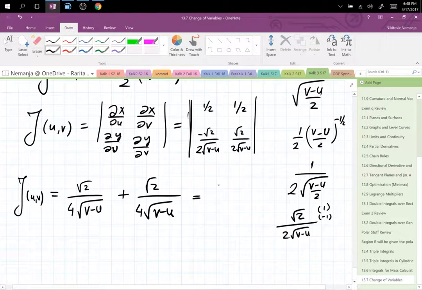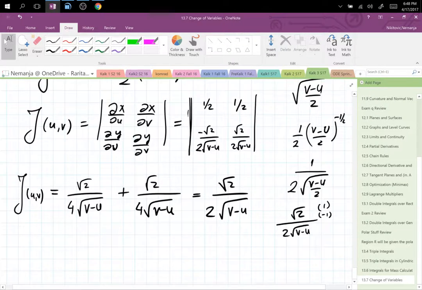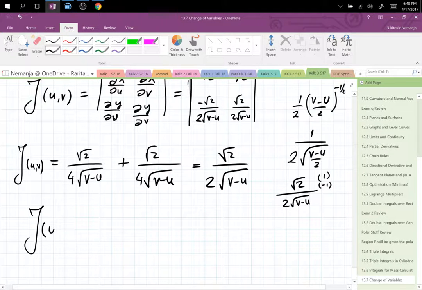For the grand total of root 2 over 2 square root of v minus u. And if it's going to make you feel better, put everything under the same root. There will be 1/2 square root of 2 over v minus u. I'm not sure if this will help or not, but that's what I have.